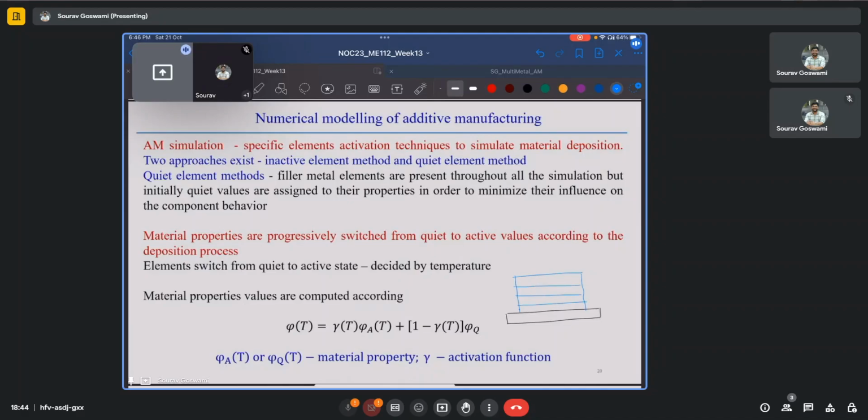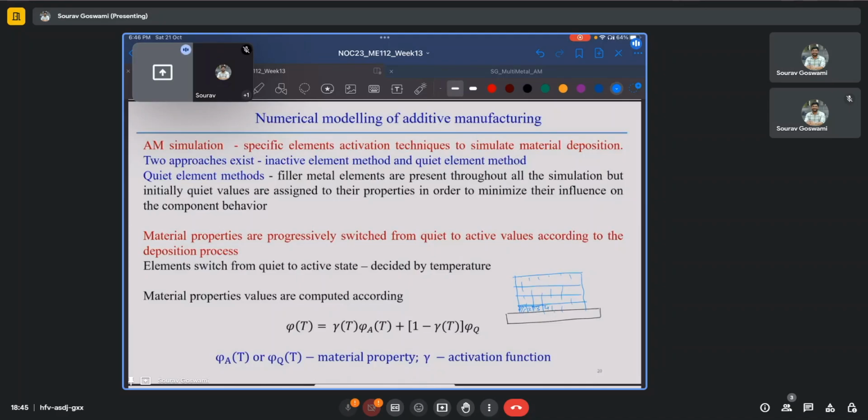So the geometry already exists, and it will be deposited in certain fixed intervals or steps. Say in one time step you have deposited only this much material. In the next time step you go for the next set, and so on.